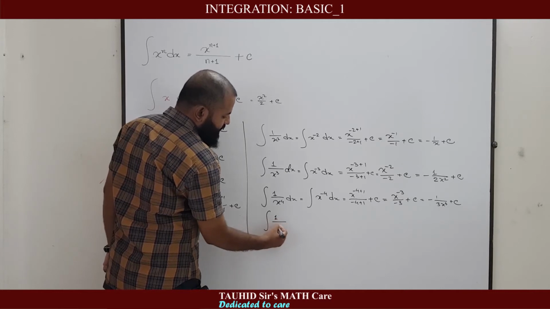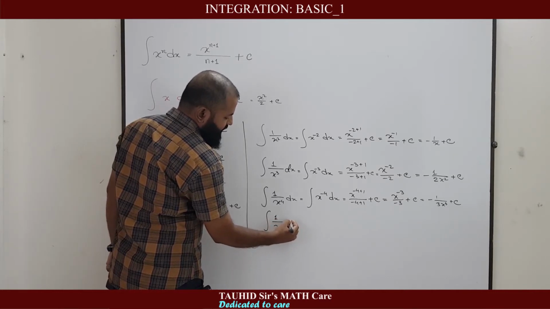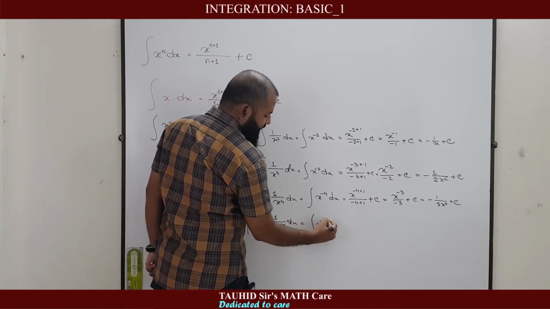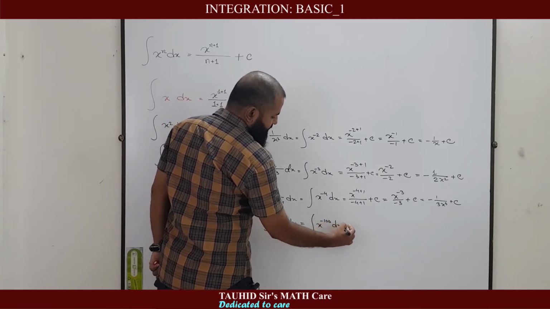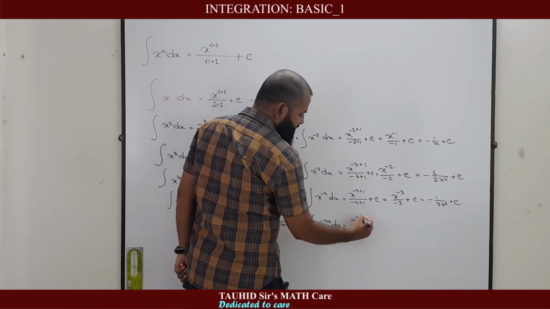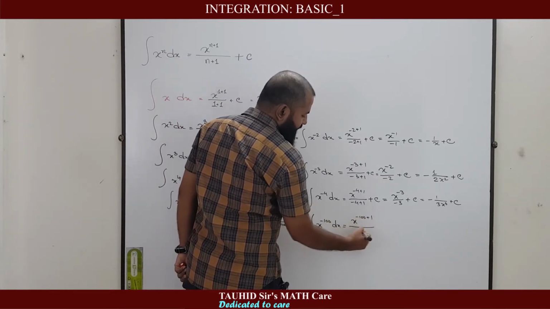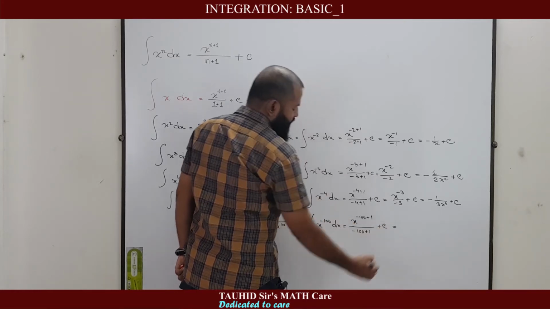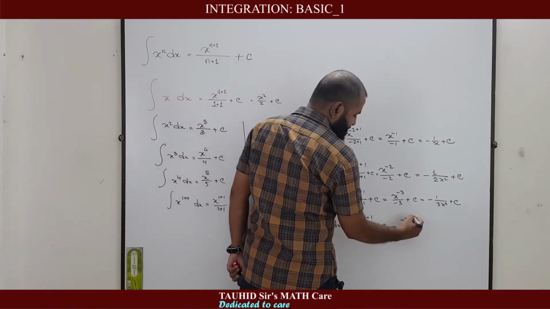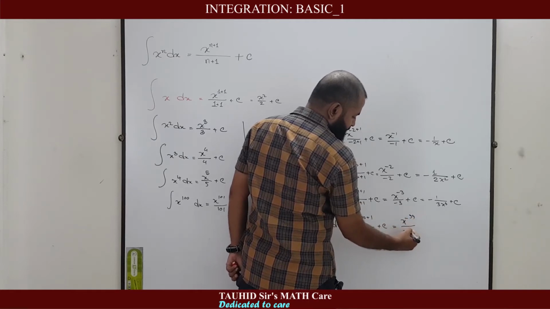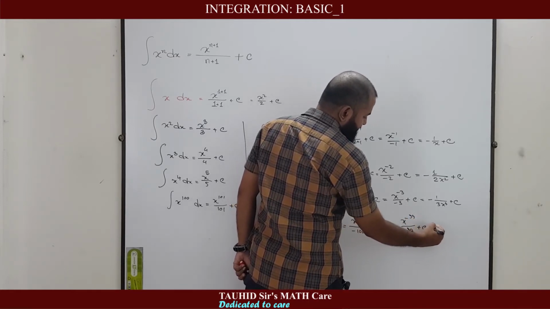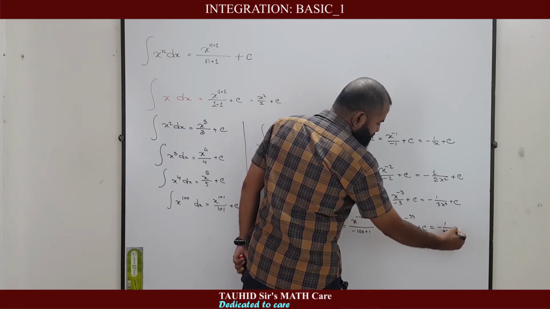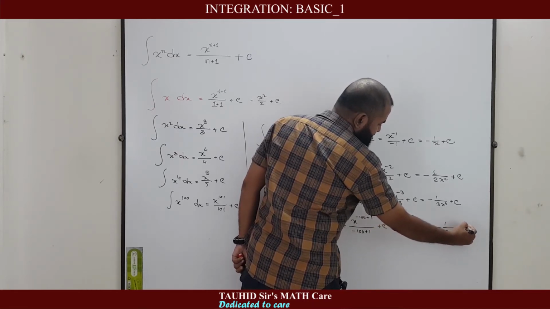Integration of 1 divided by x to the power 100 dx equal to integration of x to the power minus 100 dx equal to x to the power minus 100 plus 1 divided by minus 100 plus 1 plus c equal to x to the power minus 99 divided by minus 99 plus c equal to minus 1 divided by 99 x to the power 99 plus c.